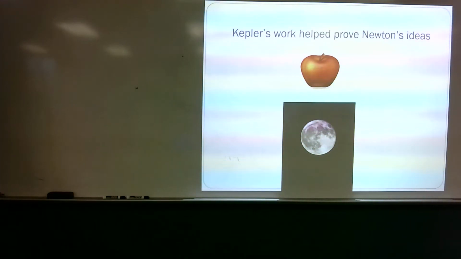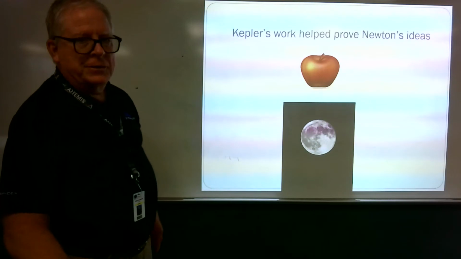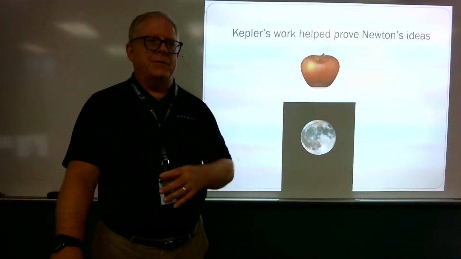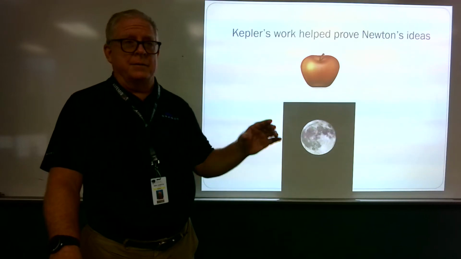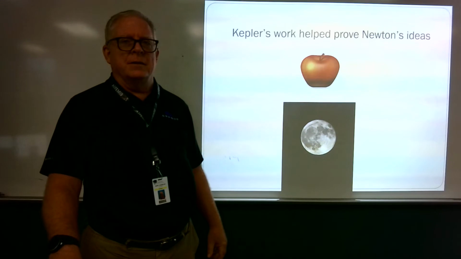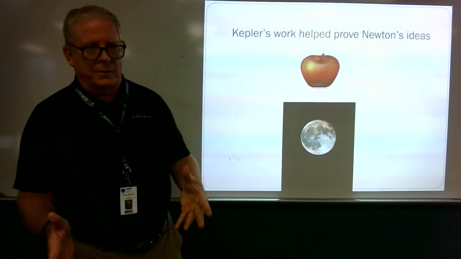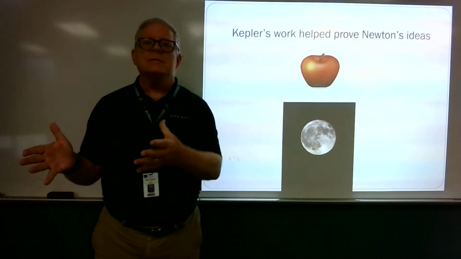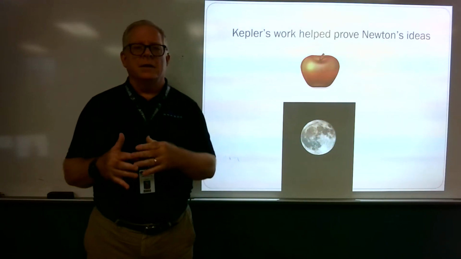This has been an idea that has been percolating, well, perhaps before Galileo, but certainly in Galileo's time. As we talked about before, Galileo discovered things like sunspots on the sun and small moons orbiting around Jupiter. So Galileo showed that things that are happening in the heavens are not necessarily perfect and unchanging.